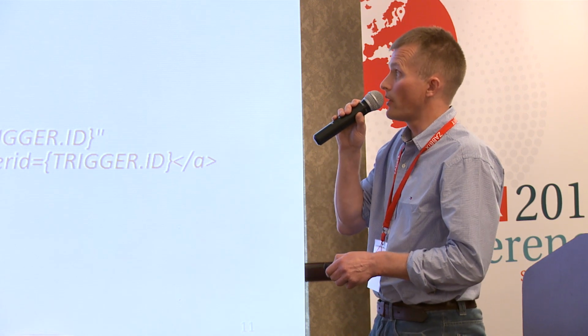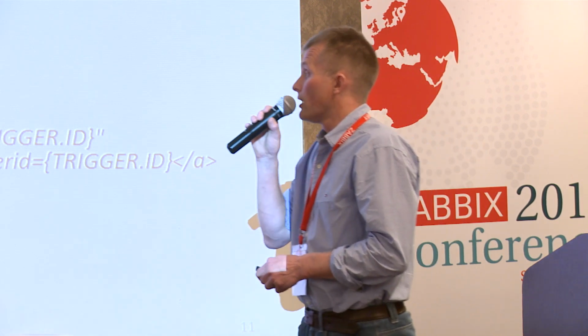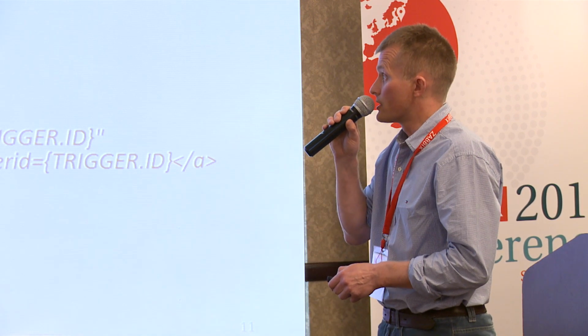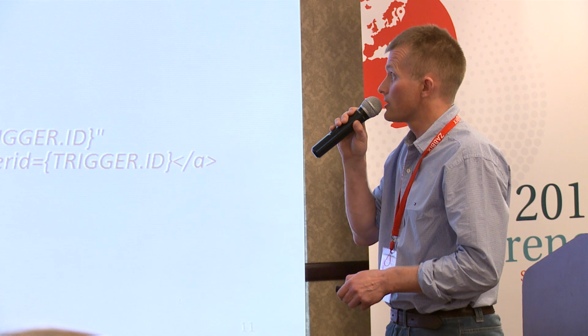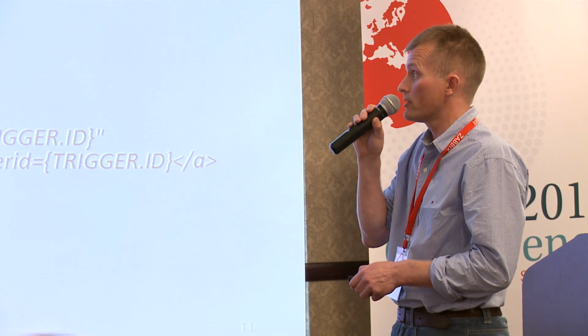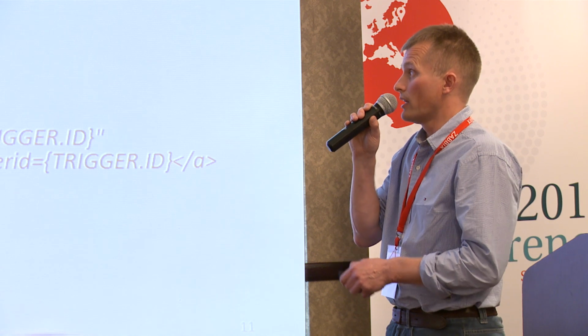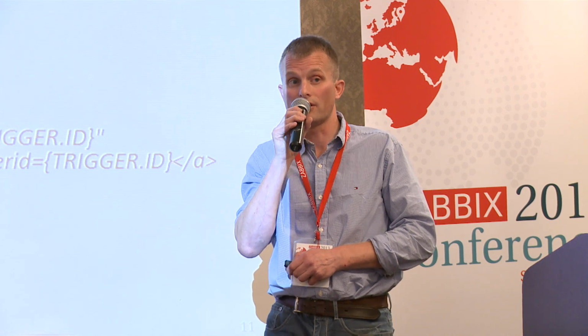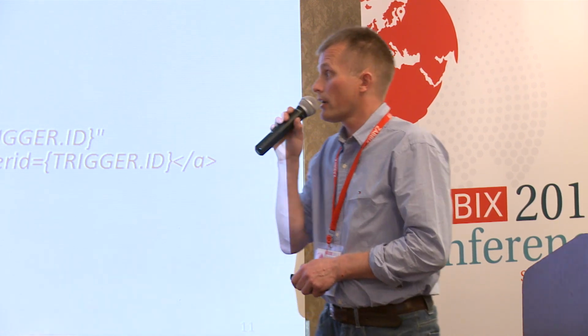Sorry, but that's the priority. So I mapped that over. I used the item description and the trigger comment also. What I'm doing here is actually just sending an email to the service desk system, and it will create a ticket with this information in it.